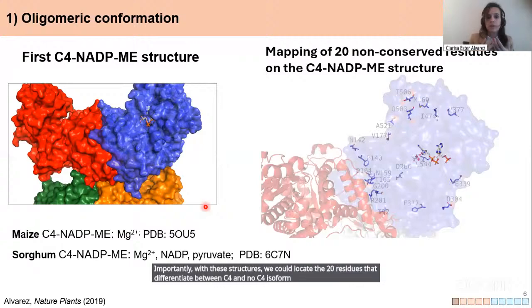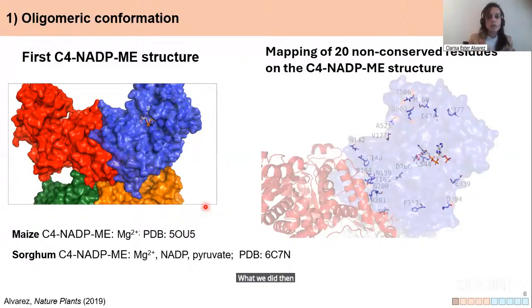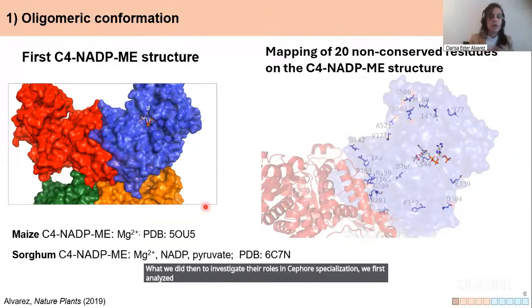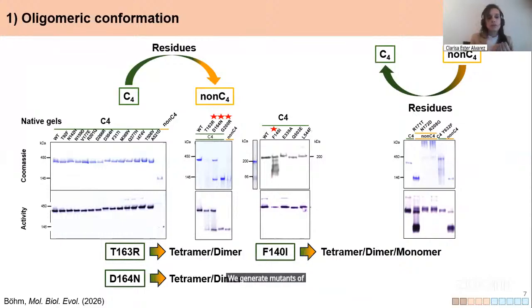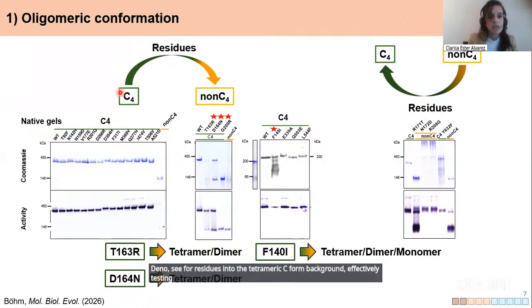To investigate their roles in C4 specialization, we first analyzed the oligomeric state of all these enzymes. We generated mutants of the 20 differentially conserved residues. We introduced the non-C4 residues into the tetrameric C4 background, effectively testing whether any of them change it to a dimeric conformation.